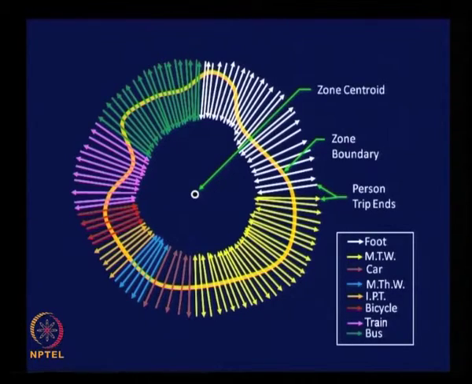Still we are dealing with trip ends only, which are zone based. The only difference we have made is that we have associated modes for the trip ends. Otherwise data still is zone based, and these are all percent trips, not vehicular trips, percent trips with identification of the modes used for the trips.